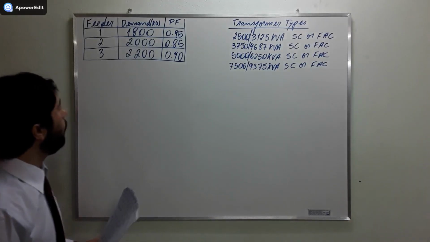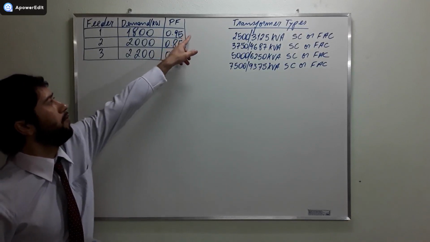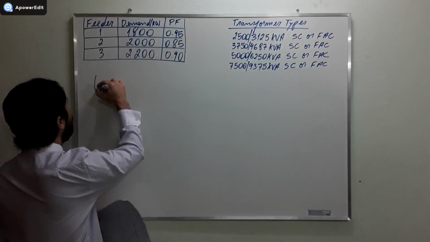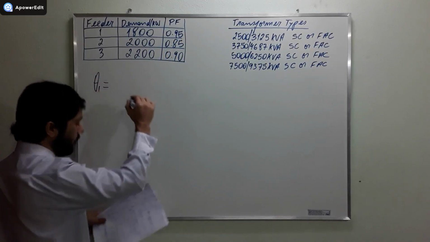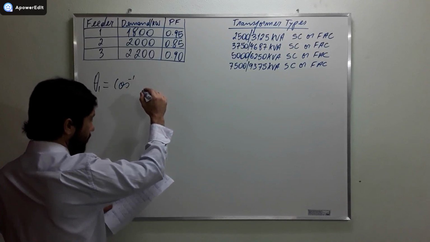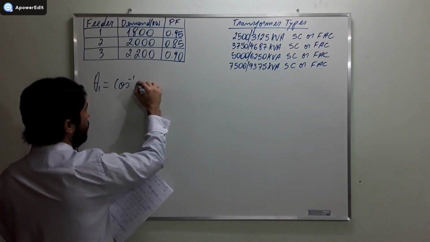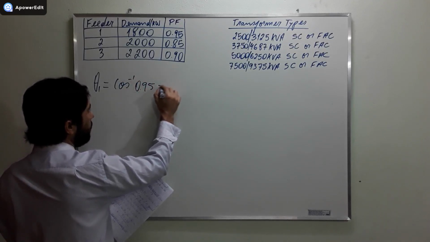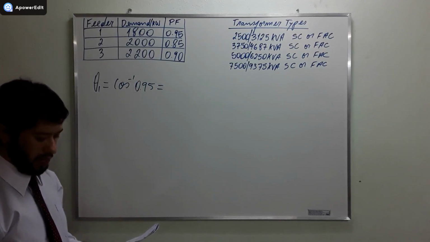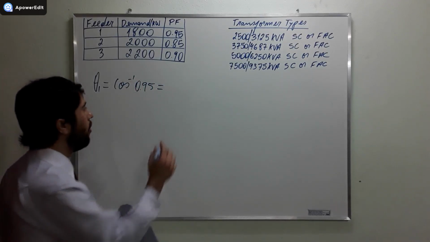Okay, first of all, let's use this power factor here, 0.95. Theta 1 is going to be equal to the inverse cosine of the first power factor, 0.95. Isn't it? Easy.